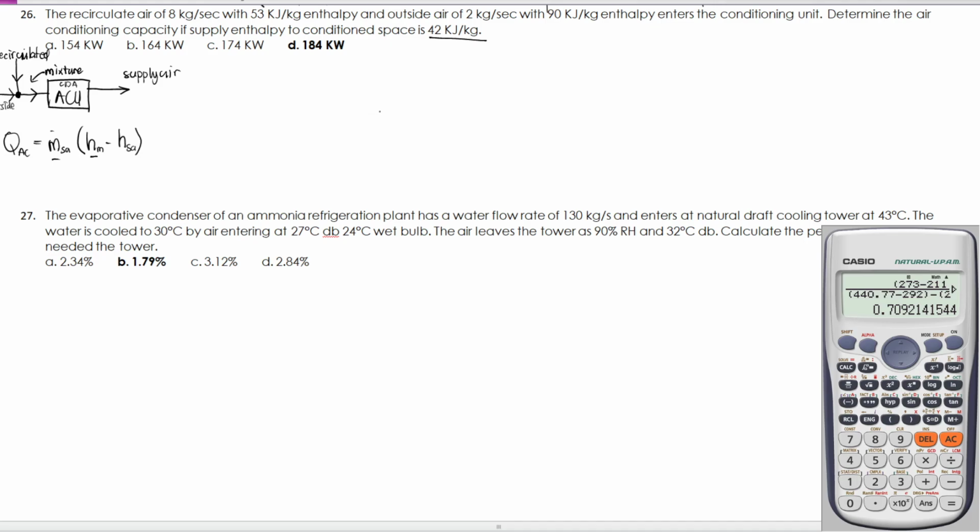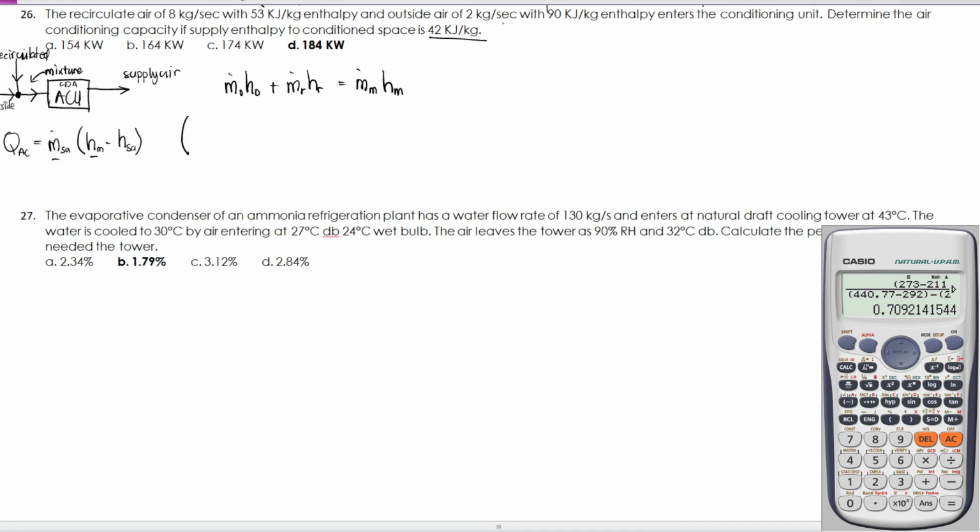So, by application lang ng conservation of mass and energy. So, that will be mass of outside air times enthalpy niya plus mass ng recirculated times enthalpy niya ay equal sa mass ng mixture times enthalpy ng mixture. So, this is by energy and mass balance lang.